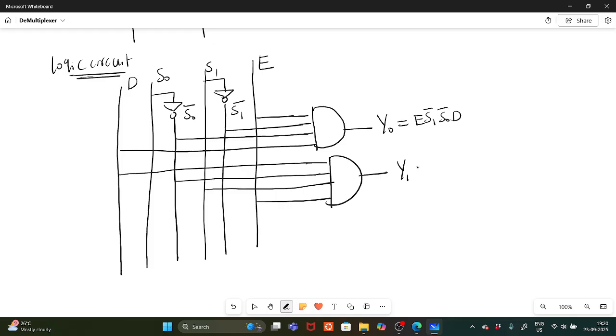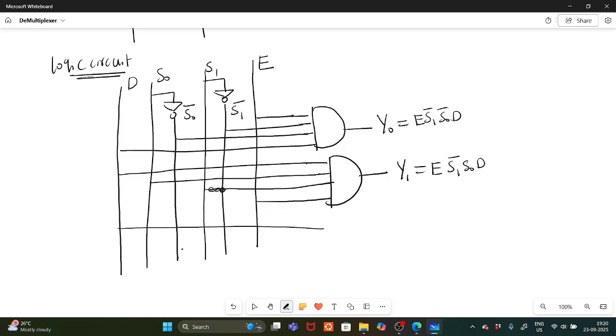This is Y1. Y1 equals enable S1 bar S0 and D. Here you will get S1 bar. And similarly Y2 equals what?